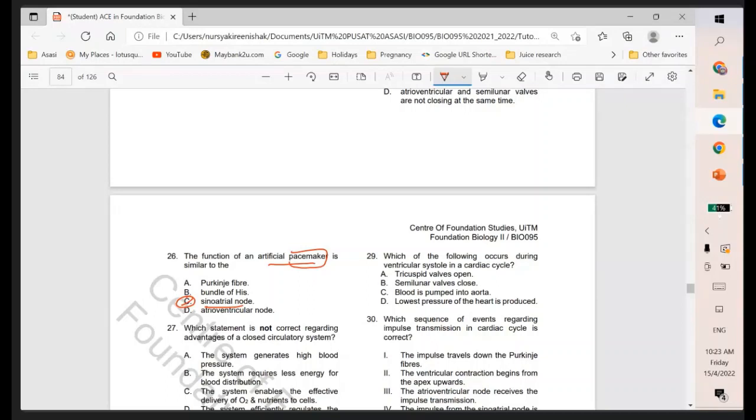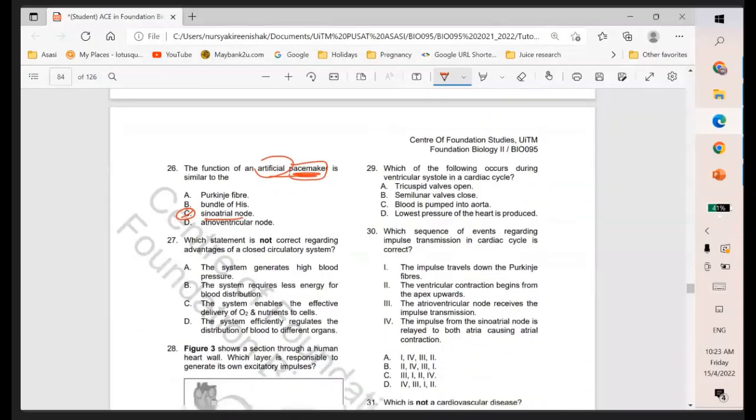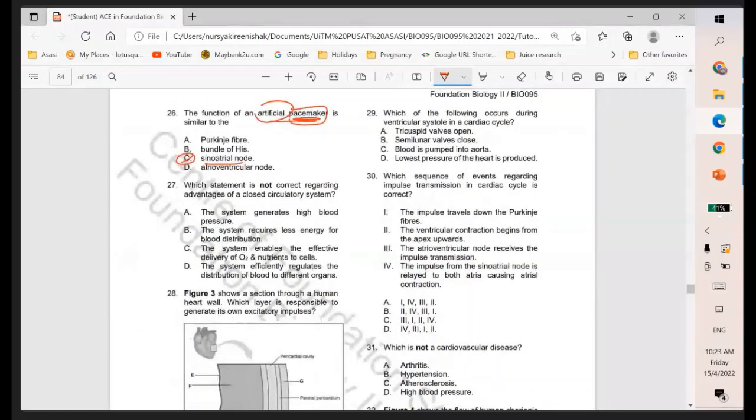Is triggered kat situ kan. So jawapan dia adalah C lah, pacemaker. Sebab keyword dekat sini pacemaker, the only pacemaker adalah SA node. Tapi in this case dia artificial. Okay, thank you Luqman.